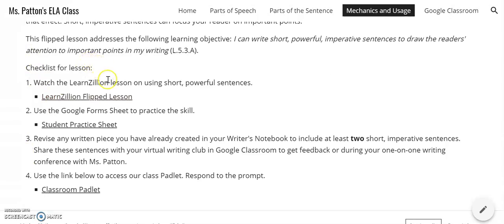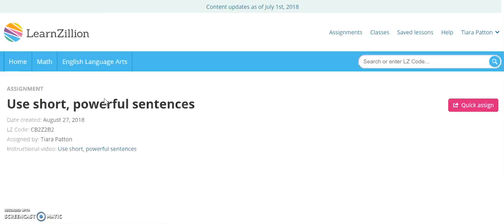So here is the checklist that my students will complete as they approach this lesson. The first thing that they're going to do is watch the Learn Zillion lesson on using short, powerful sentences. Students will automatically know that it is a linked resource when they see that it is underlined. They're going to head over to that Learn Zillion video.